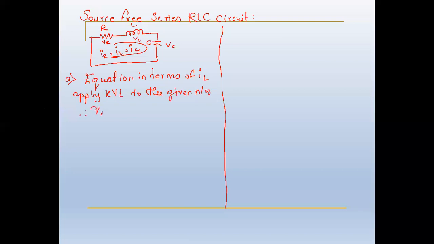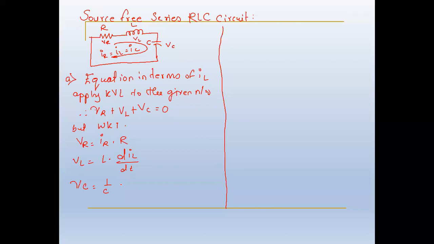Therefore, it will be VR plus VL plus VC is equal to 0. But we know VR, the voltage across the resistor, is IR into R. VL, the voltage across the inductor, is L into dIL by dt. And the third one is VC, the voltage across the capacitor.